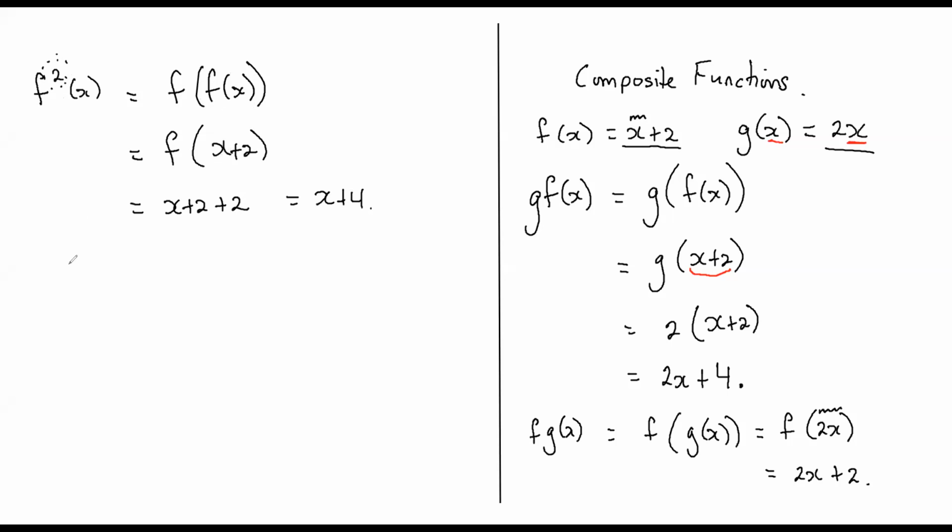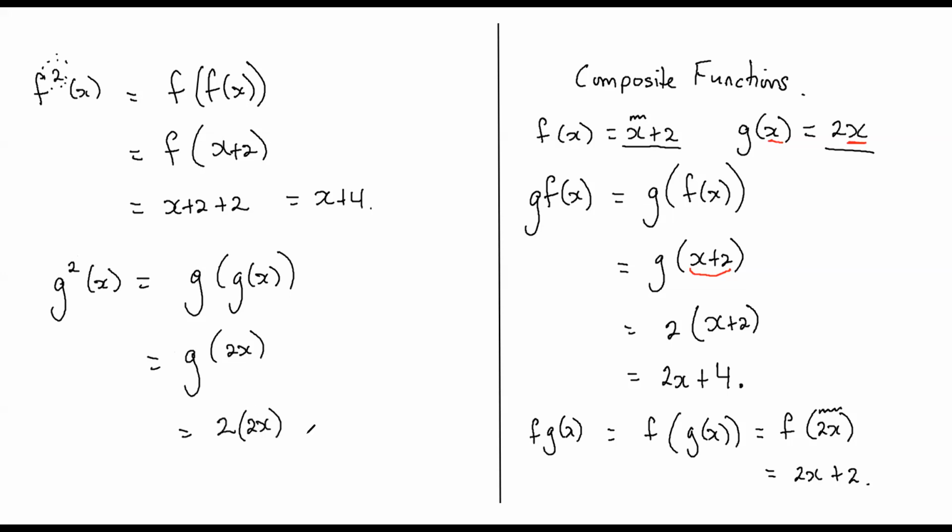So if I see g squared of x, this means that I'm putting the g of x function into the g of x function. And the g of x function is 2x. So I'm putting 2x into this. So then this will become 2 times 2x, which is just 4x. This is what we did last class.